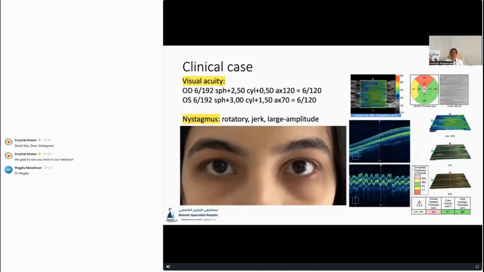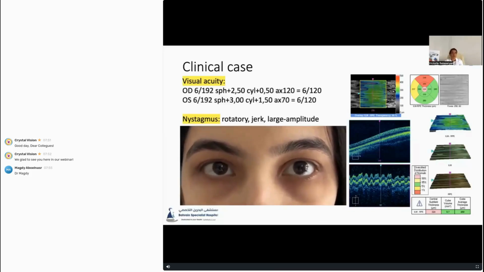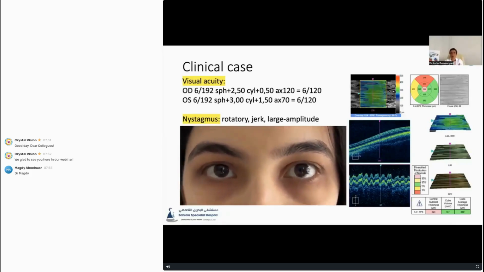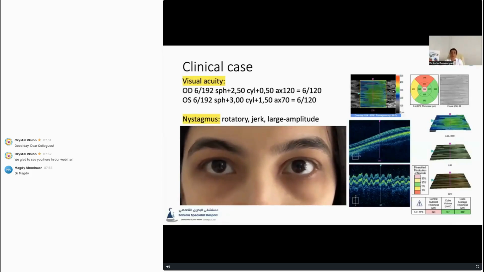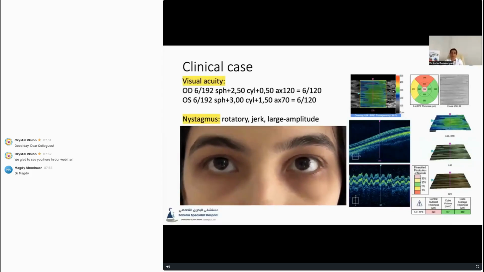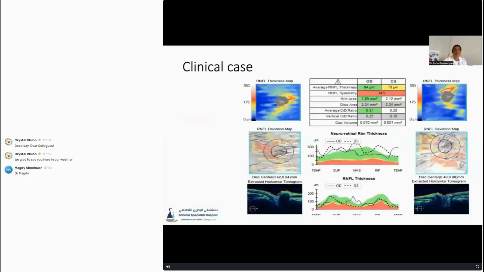To determine the cause of the low visual acuity, optical coherence tomography of the retina was performed. However, as you can see, it wasn't possible to visualize the fovea due to the high amplitude and very frequent nystagmoid eye movements, as well as poor fixation. The information obtained from the OCT also didn't provide a complete picture for verifying the diagnosis.